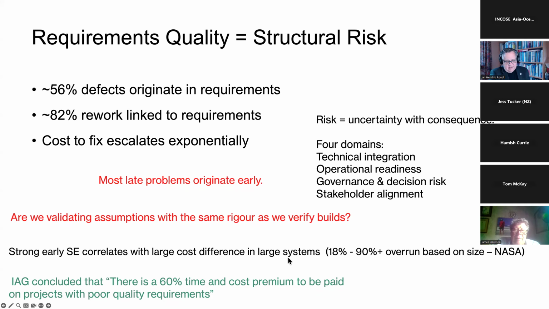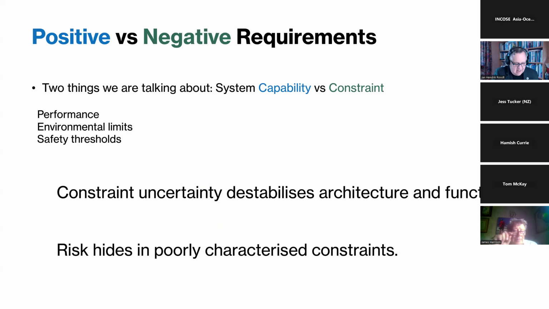If we don't do the work up front, on small projects we could have an 18% overrun, and that's a small project. On big things, it could be 90% plus, based on the size of projects, and it seems to be a nice pattern that you can follow. There's a 60% time and cost premium to be paid on projects with poor quality requirements. So I think that says it all, and brings us to this idea of positive and negative requirements.